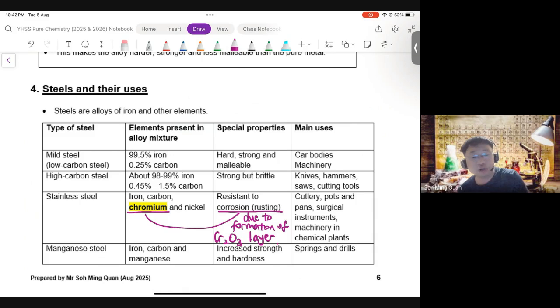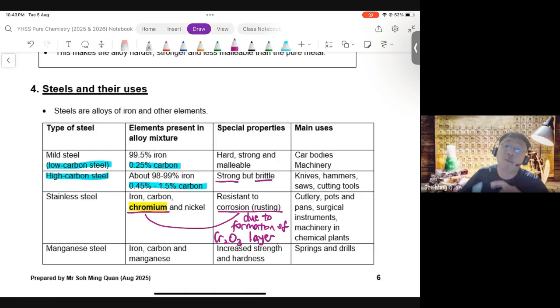Now, you notice there's low carbon steel and high carbon steel. This differs in terms of the percentage of carbon. You notice that the higher the percentage, the stronger the steel becomes. So high carbon steel is stronger, but it's also more brittle.